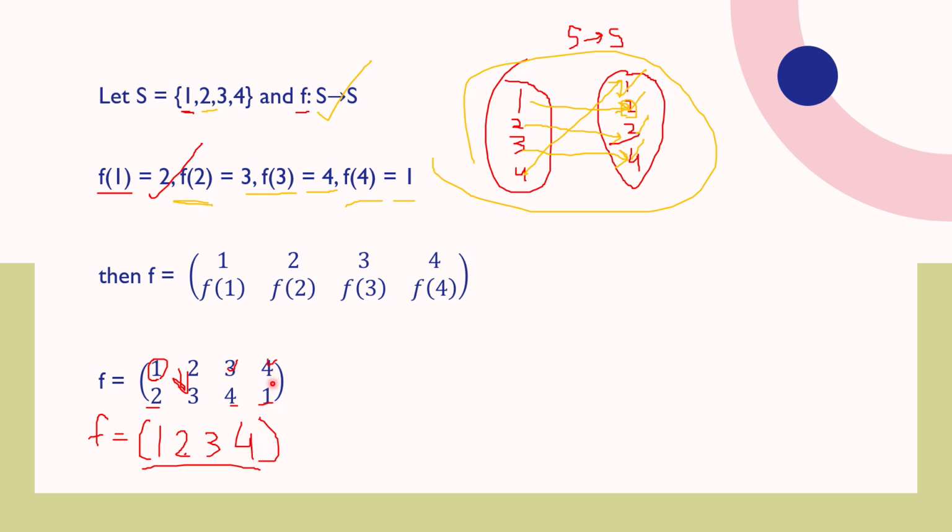Therefore, the cycle repeats, so 4 goes to 1. Okay, this is how you will write permutations. Make sure you understand this perfectly, because we'll be writing this quickly in the future topic. So it's necessary that you make sure there are no doubts left here. Alright, so this is one small example, just trying to make you understand the basic concept of permutation.